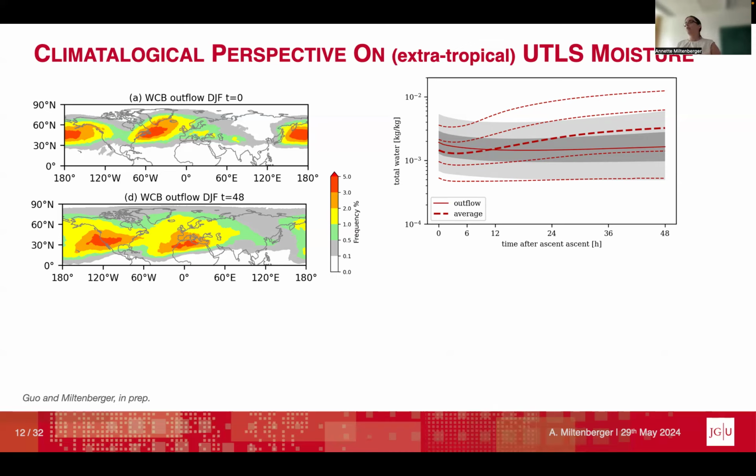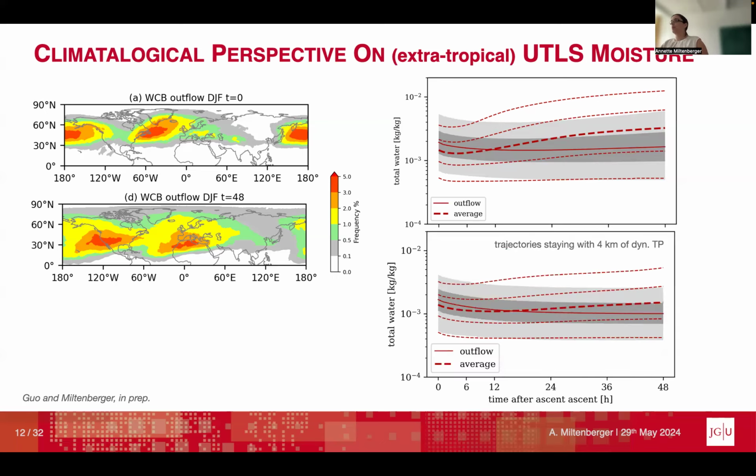So the background is kind of moving with the Lagrangian paths of those parcels, but for the background and not the warm conveyor belt area. And so what we can see is that if you look at the median, then after about 12 hours, the signal is actually lost. And in a Lagrangian sense, these parcels are even drier than the background conditions.